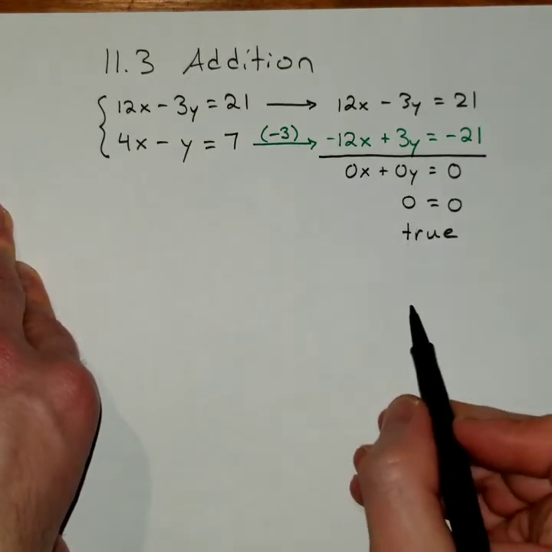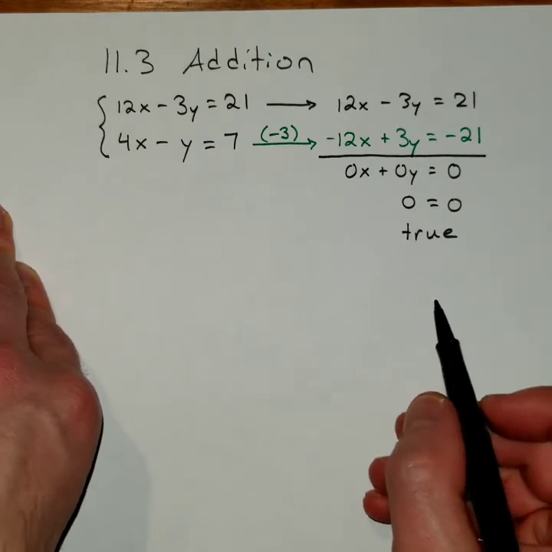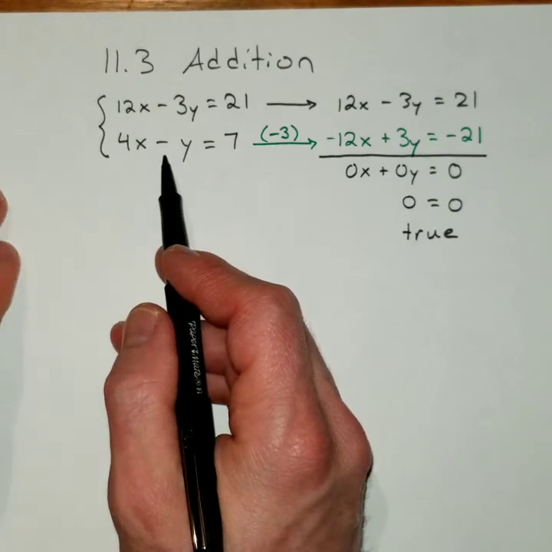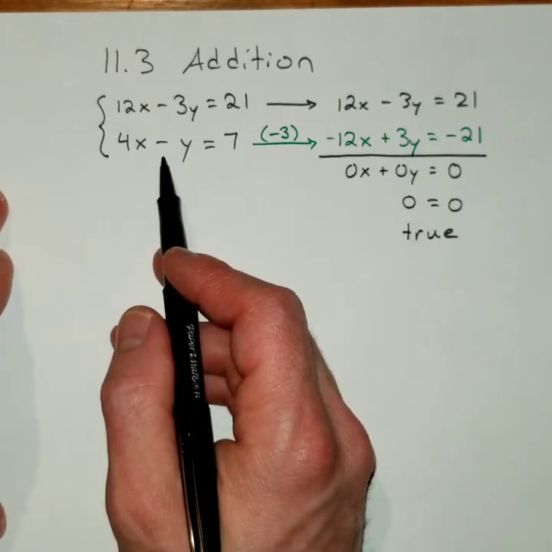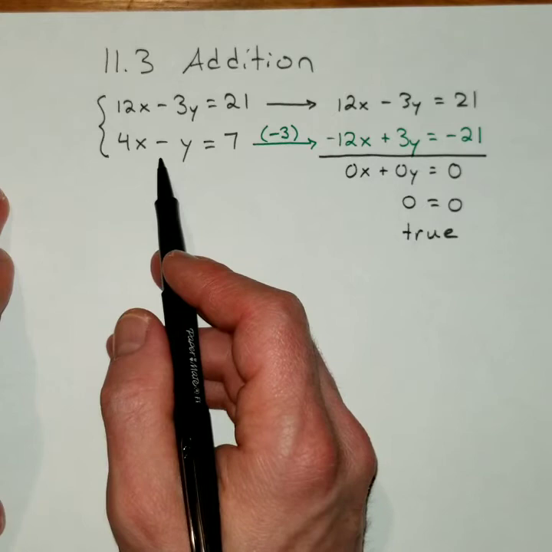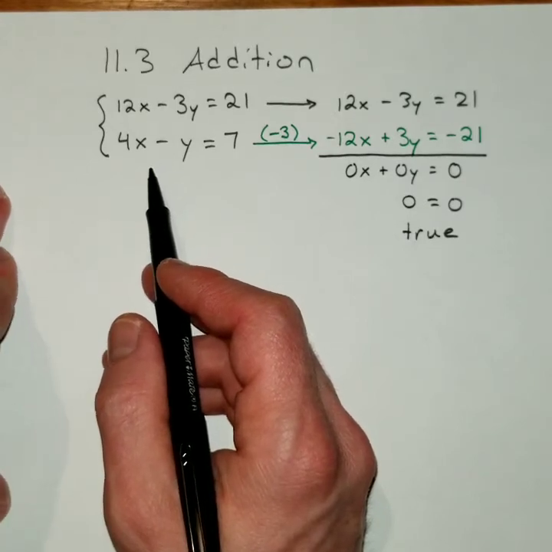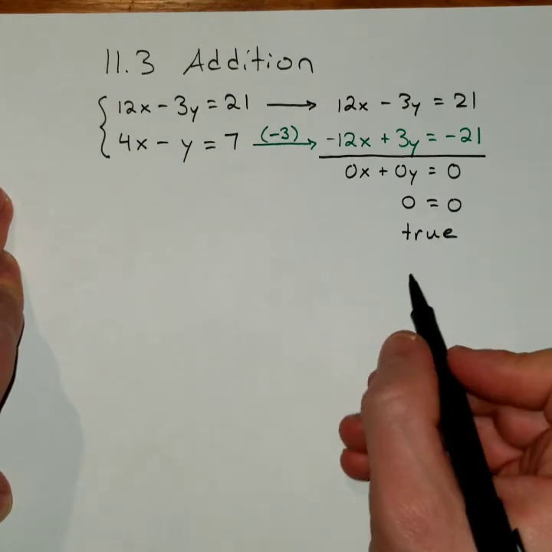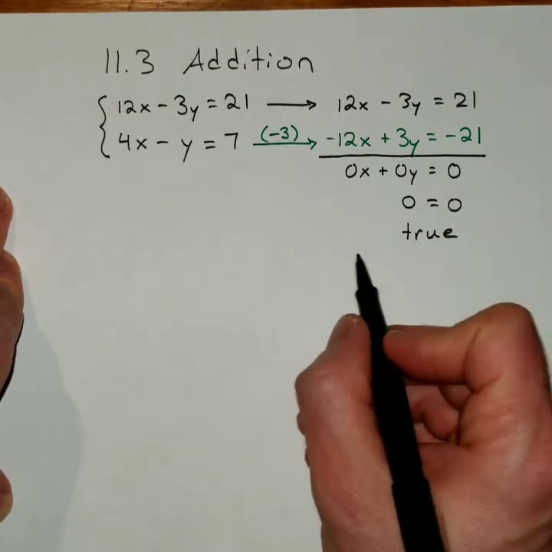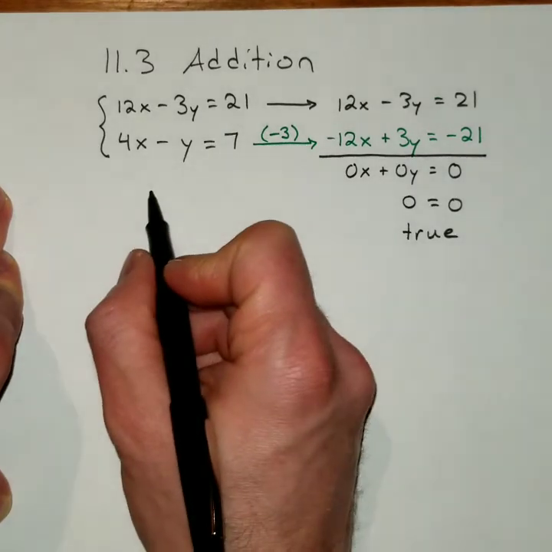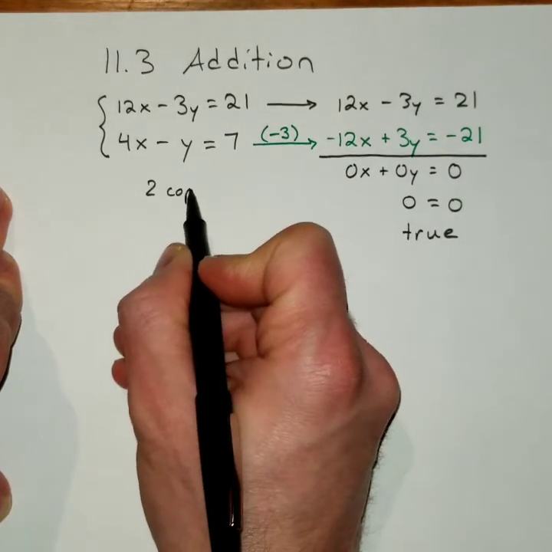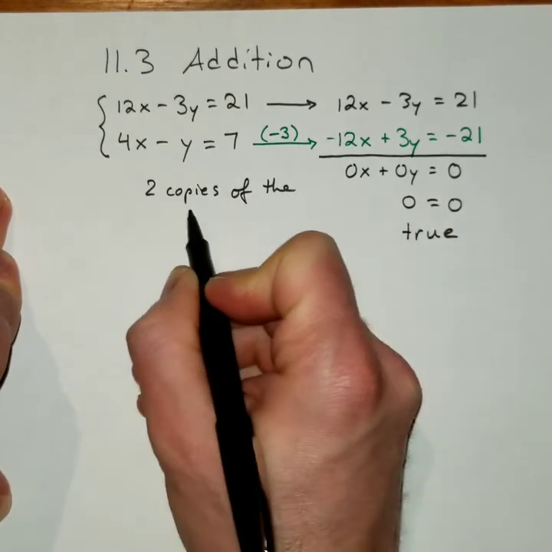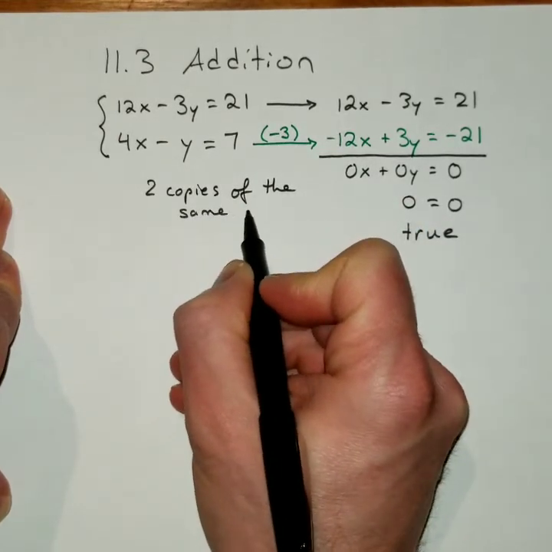And a true equation, it's always true, means that these two original equations are always intersecting. And if they're always intersecting, we must have two copies of the same line. So a true equation here means that you have two copies, I'll write it over here, two copies of the same line.